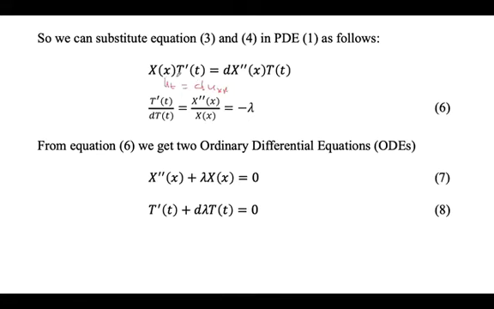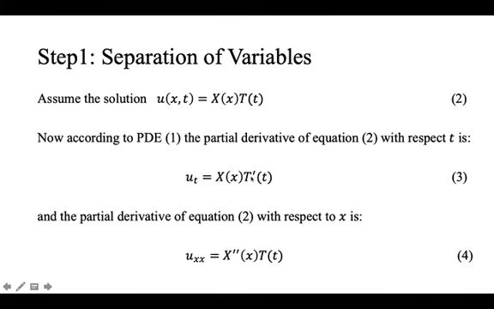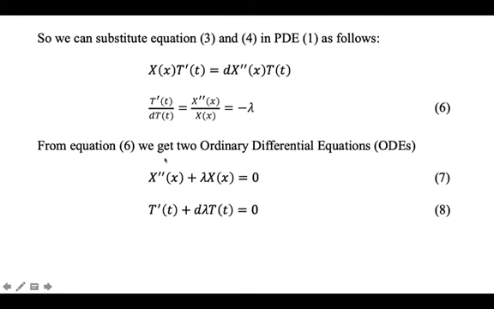After substituting these values, as in the previous slide, we have u_t equal to this and u_xx equal to this. So we substitute in PDE 1 and we write it down in some format.